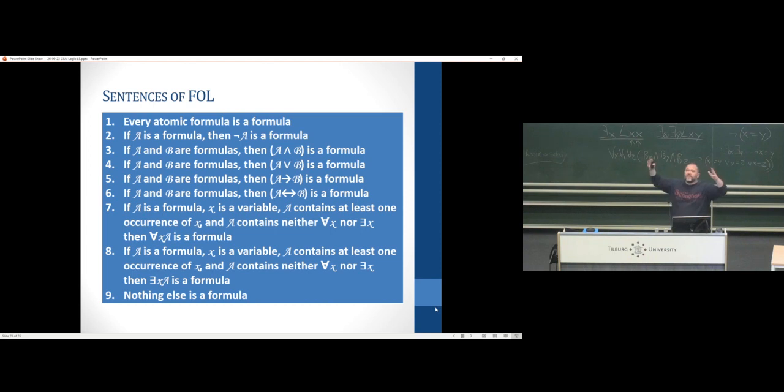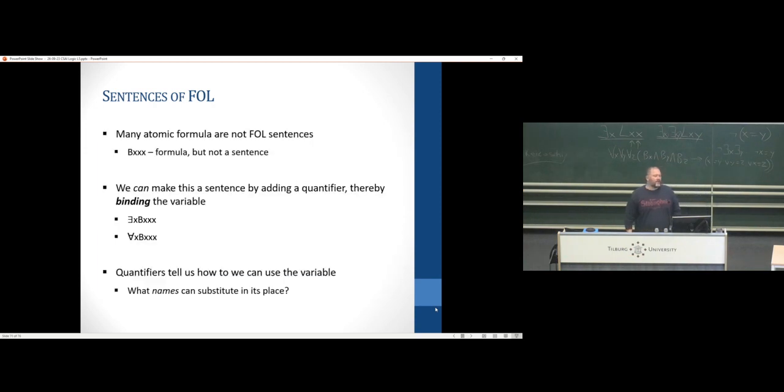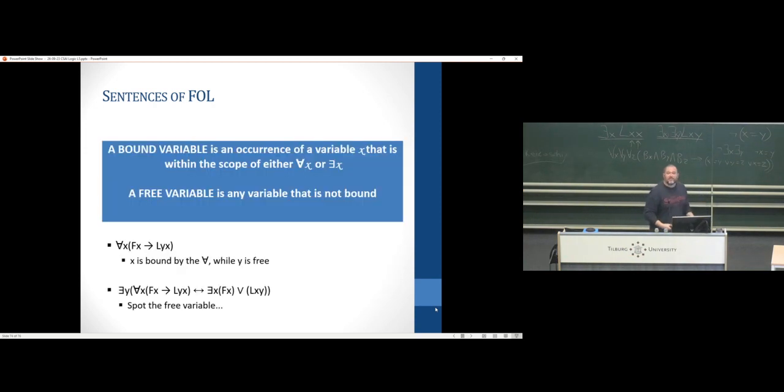It's going to be predicates with the associated terms, could feature these various connectives in lots of the different ways that we've been told on how to do them, right? But importantly, an actual sentence is going to be a formula with no free variables. That is, every variable that's there is going to be bound by a quantifier.